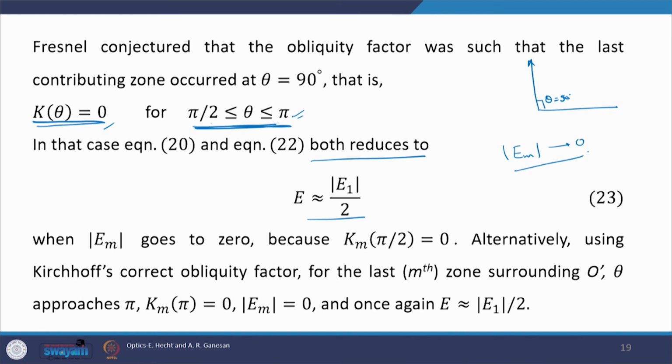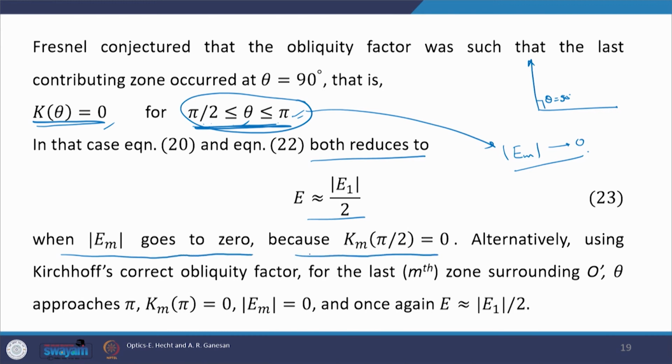Because this is the last half period zone, and for it theta lies between pi by 2 and pi, and therefore the obliquity factor, which is a multiplication factor in the expression of Em, goes to 0, and therefore Em goes to 0. Which is exactly what is written here. When mod of Em goes to 0 because K of m pi by 2 is equal to 0, then E is equal to mod of E1 by 2.